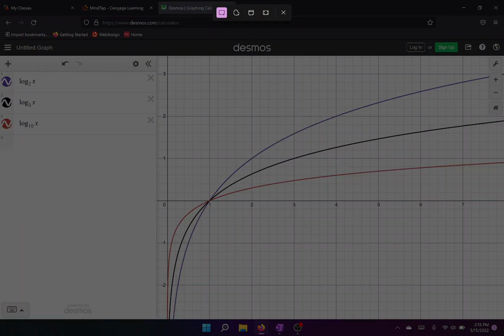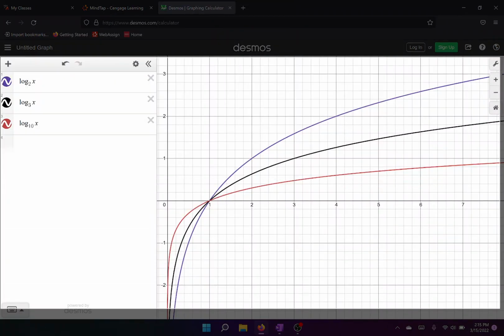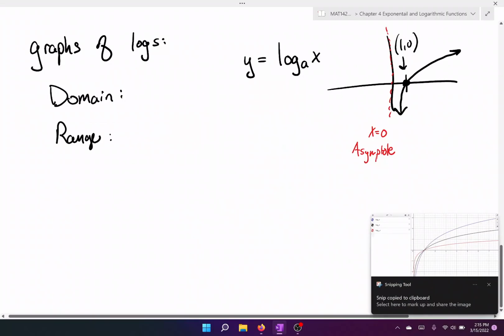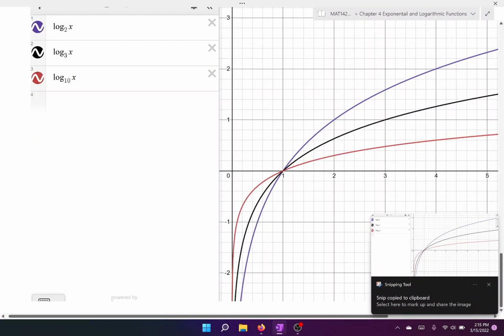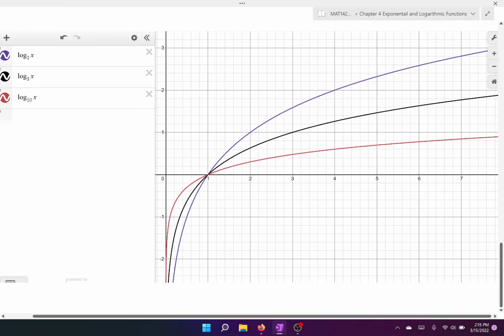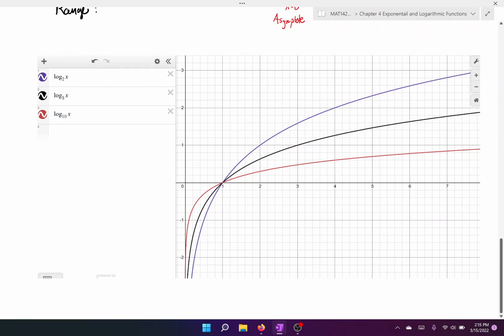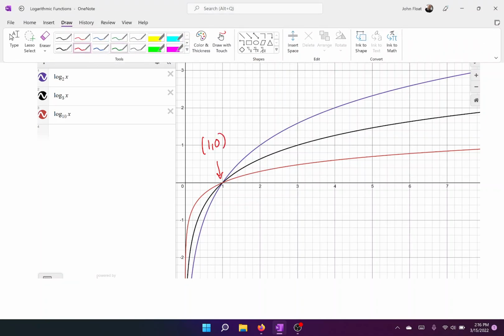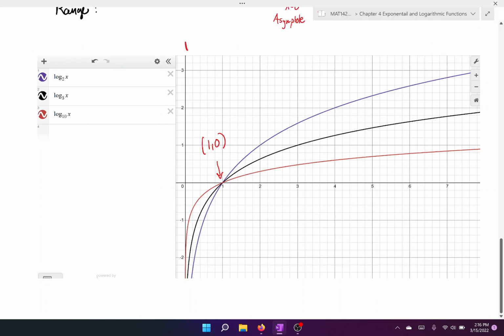So I think what I should do here is I'm just going to copy and paste this into our notes so I can write on it. All right, so here's the picture in our notes right here. Okay. And what I want to do is I'm going to write on this. So notice in purple, red, and black, they all have the same exact x-intercept, okay? Also, they all have this asymptote here at x equals 0, all right?